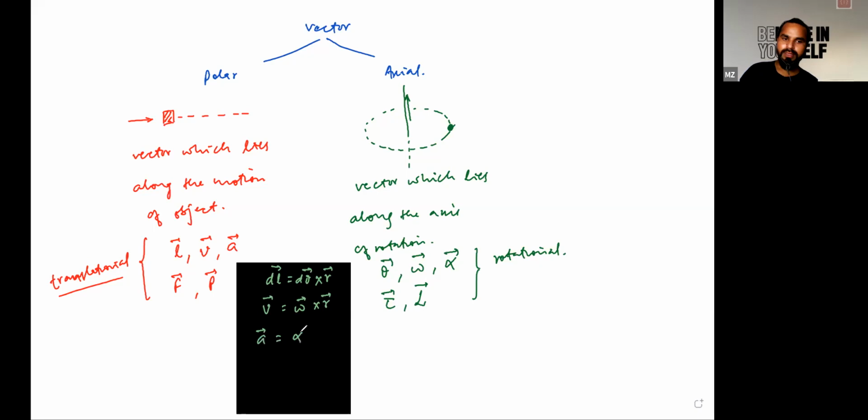Acceleration is equal to alpha cross r. The next part is torque is equal to r cross f. And angular momentum is equal to r cross p. So these are certain relationships between polar vector and axial vector, and they are related by just cross product. Okay. Is it clear to everyone?